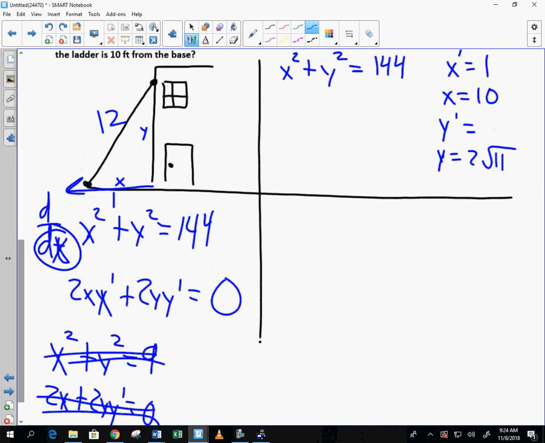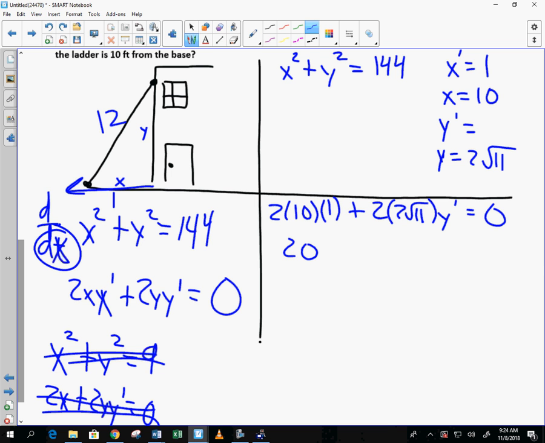Now what? Okay, so 2 times 10 times 1 plus 2 times 2 roots of 11 times y prime is equal to 0.